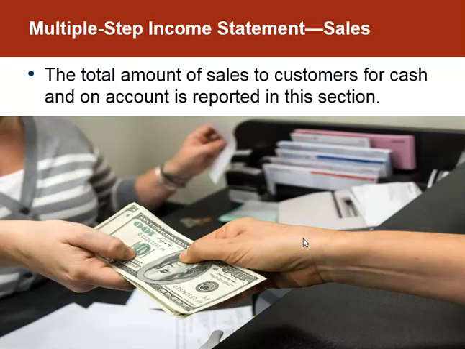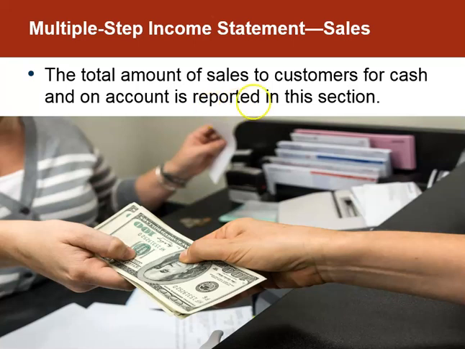All right? So, as you might have assumed, whether we're talking about a multiple-step income statement or the simpler single-step income statement, sales represents the total amount of sales to customers for cash and on account right up at the very top.